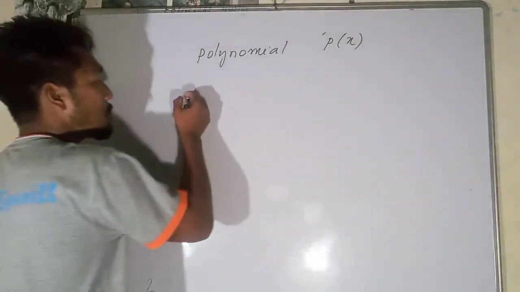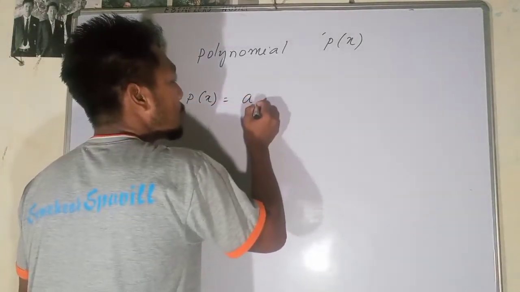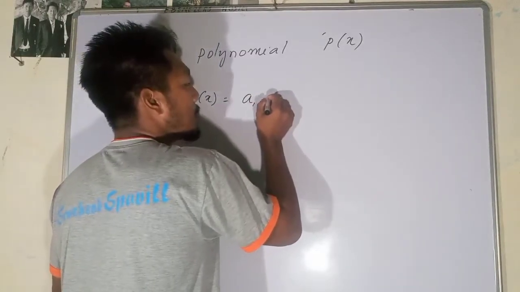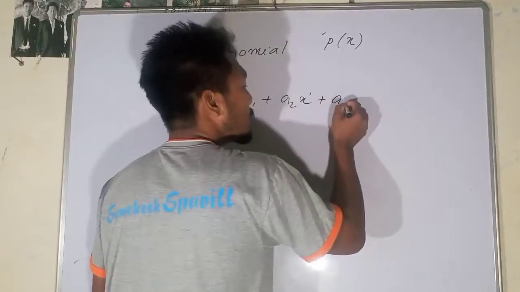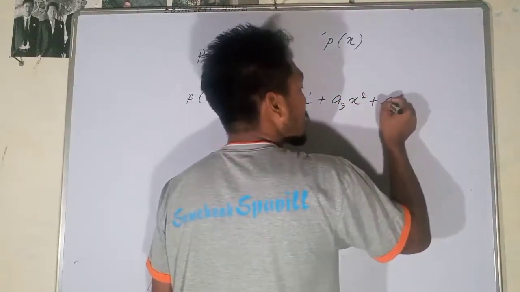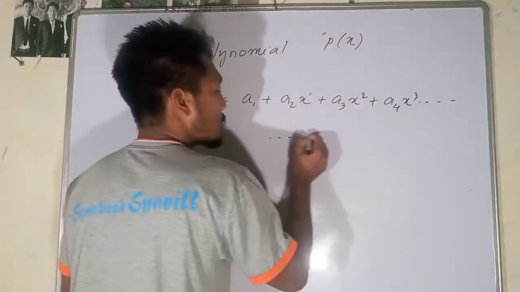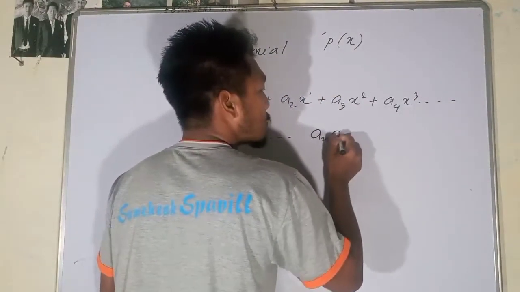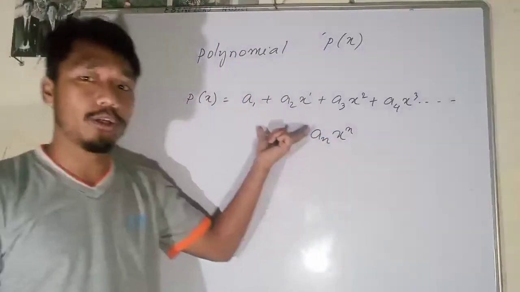Now if I write this polynomial, p(x) is equal to, let's say, a1 plus a2 x to the power 1, plus a3 x to the power 2, plus a4 x to the power 3, and keep on going up to an x to the power n. This is how we express a polynomial.